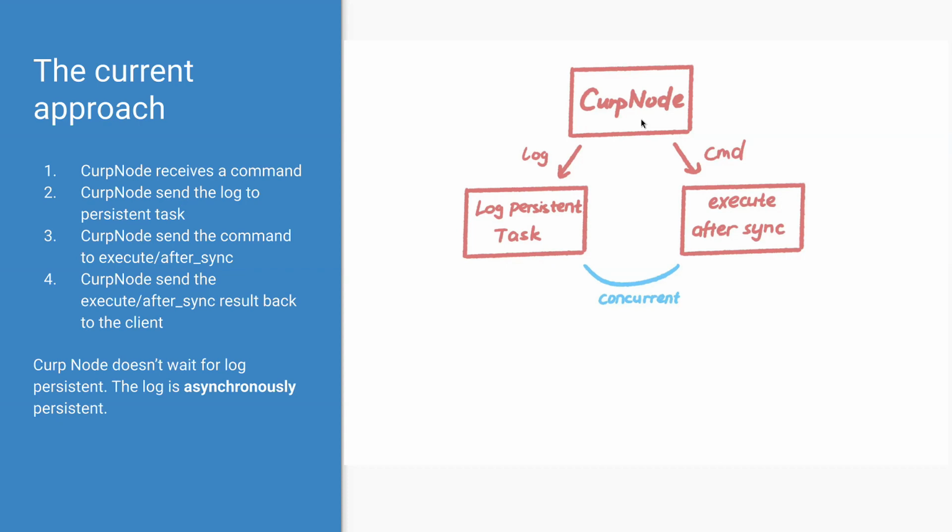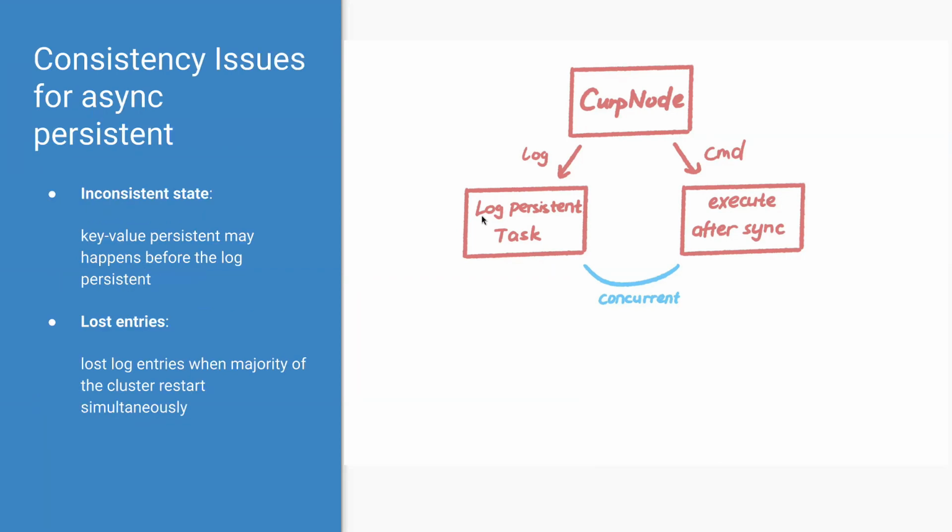Once the curp node receives a new command from the client, it will send the log to the persistence task, and it won't wait for the log to persist, but directly execute the command and send the result back to the client. So you can see that the persistence of the logs happens asynchronously, and this will cause some issues.